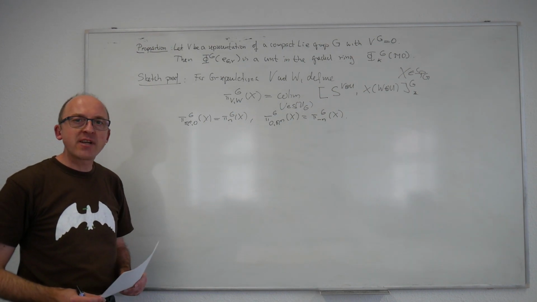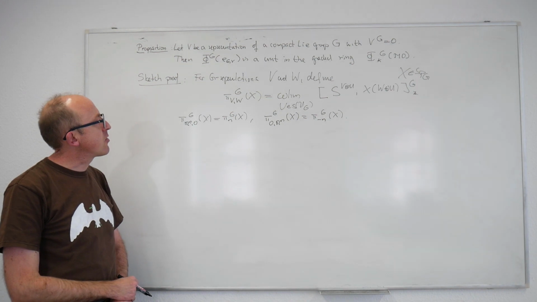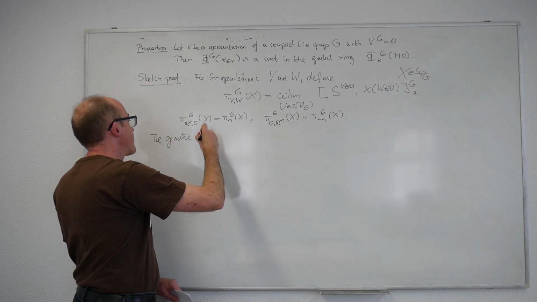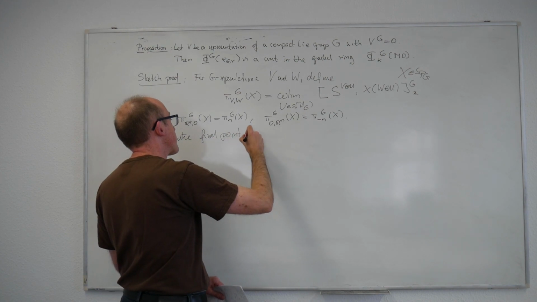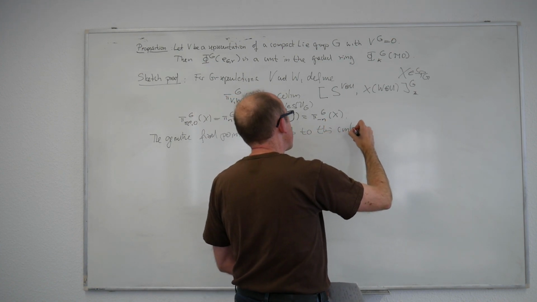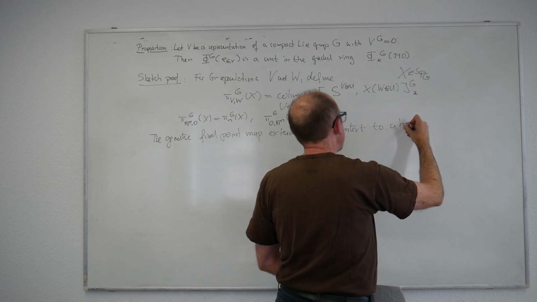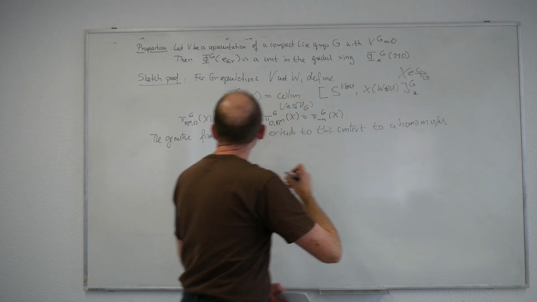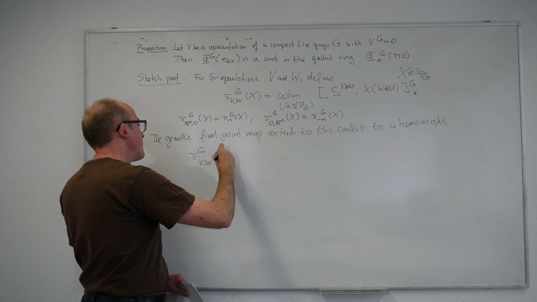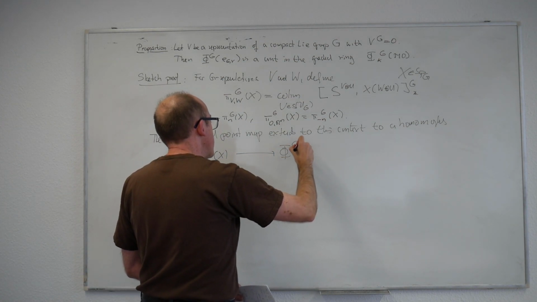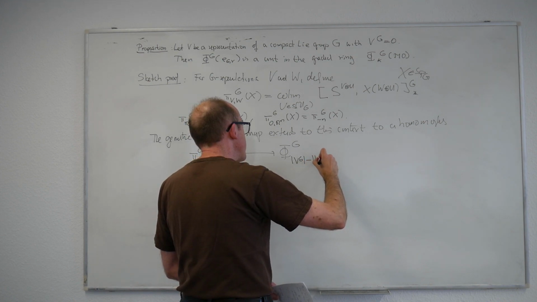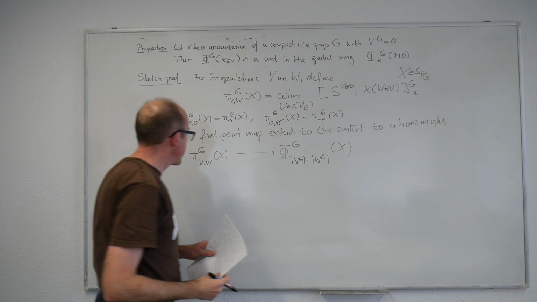The next thing is that the geometric fixed point map that I have previously discussed in the context of Z-graded homotopy groups extends to this context. So the geometric fixed point map extends to a homomorphism from pi G-equivariant V, W of X to the geometric fixed point homotopy groups, but now in the dimension of V^G minus the dimension of W^G of X. So this is kind of an ROG-graded thing.